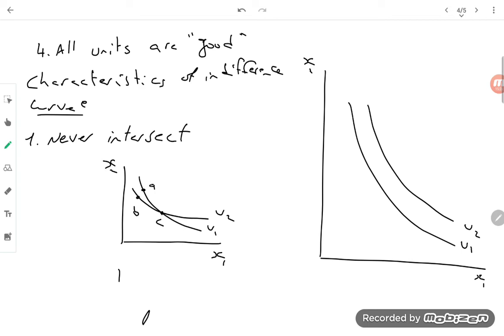Bundle A gives a higher satisfaction than bundle B. What about bundle C? So indifference curves never intersect with each other. They are parallel to each other.